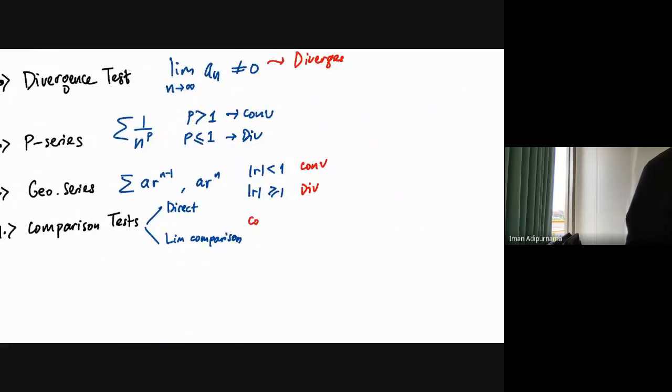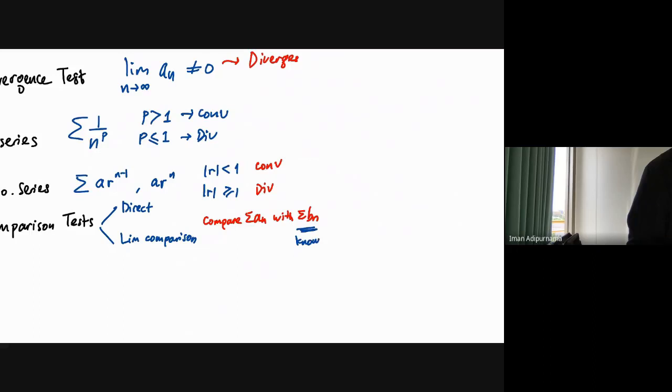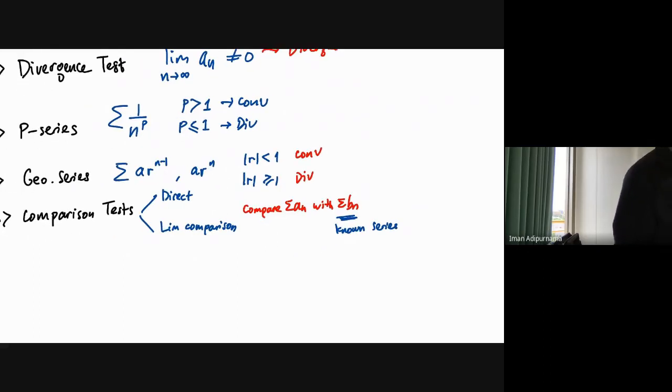So right here, compare a_n with b_n. And usually the other one is a known series. Okay.